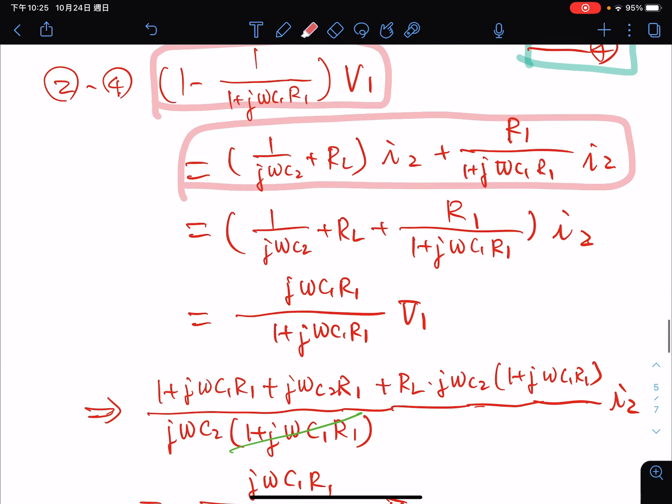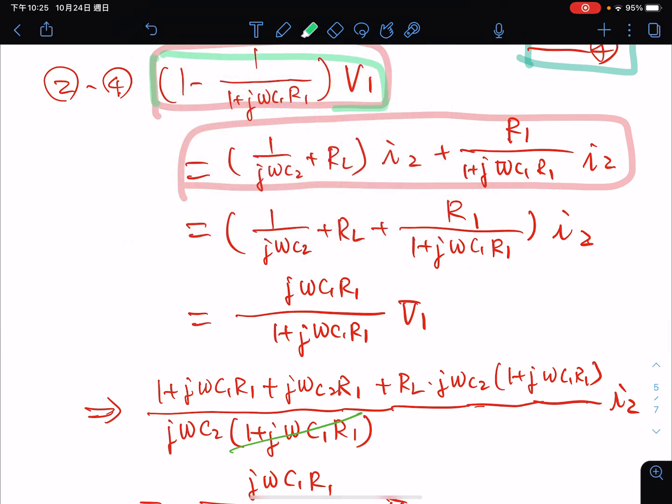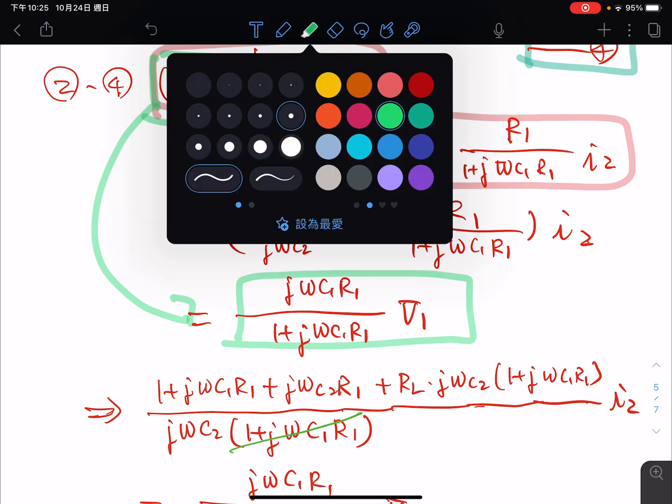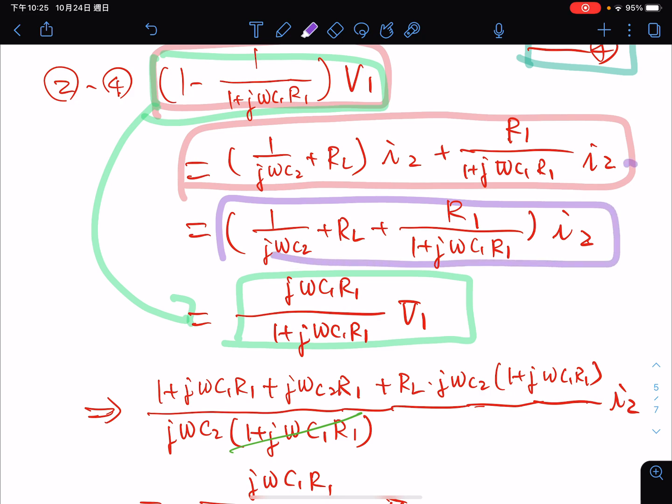And then I can put this one here. So this one goes here, and this one goes here, this one goes here.